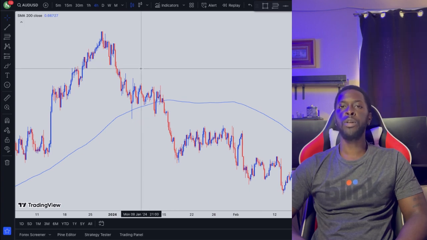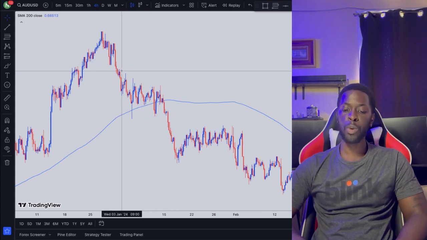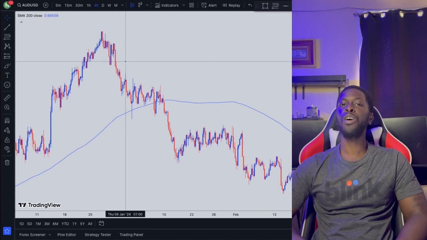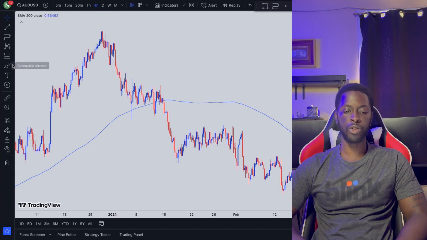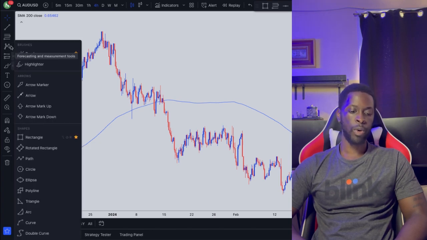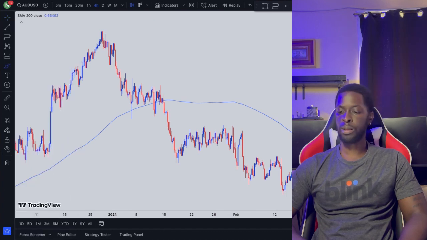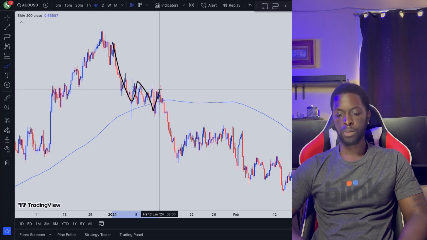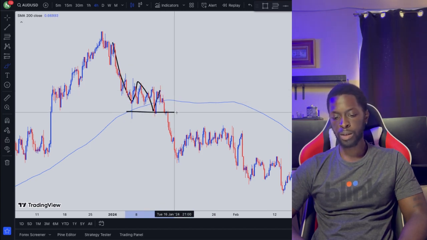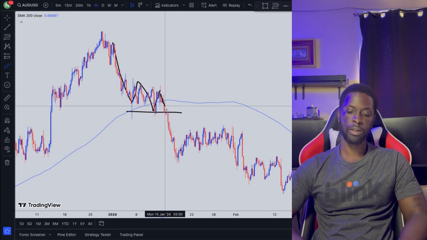Now, the first thing is you want to have a break of structure. What do you mean by a break of structure? Well, if we're in a downtrend and we're making lows, lower high, low, lower high, you want to break your lower highs.